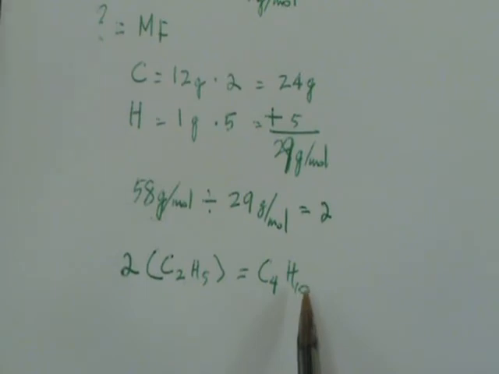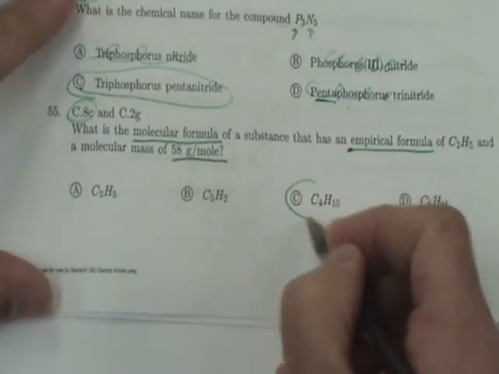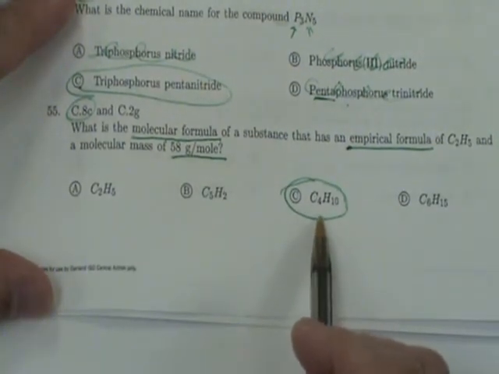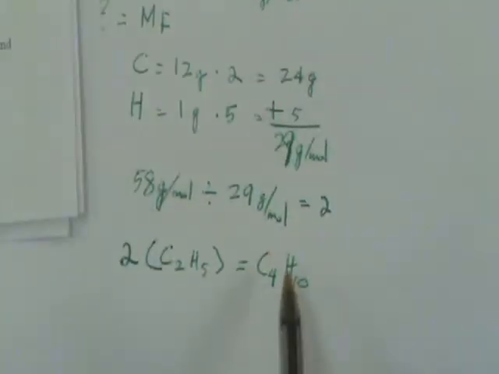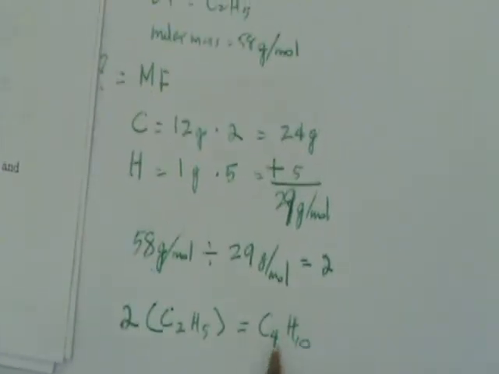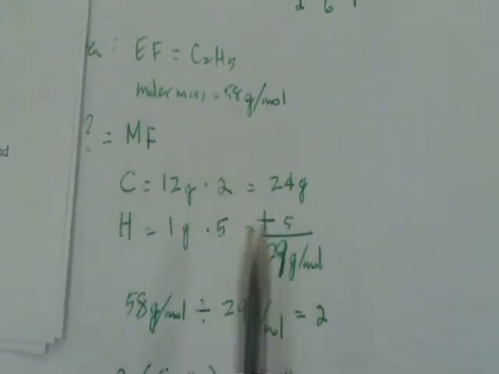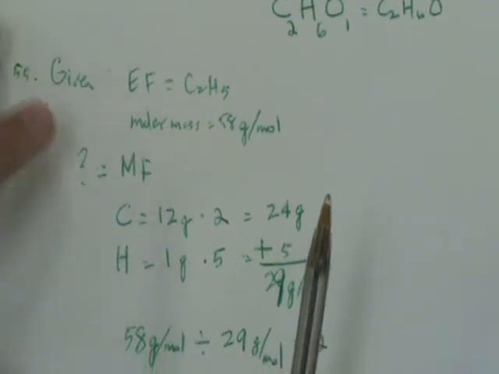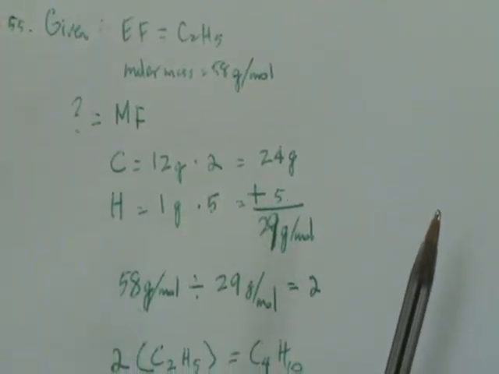All right? So look at your answer choices here. Your answer is letter C, C4H10. Now, if you have a problem like this, all you have to do is see, you can reduce C4H10 to its lowest terms, and that comes out to C2H5. So that's a relationship between empirical and molecular formulas.